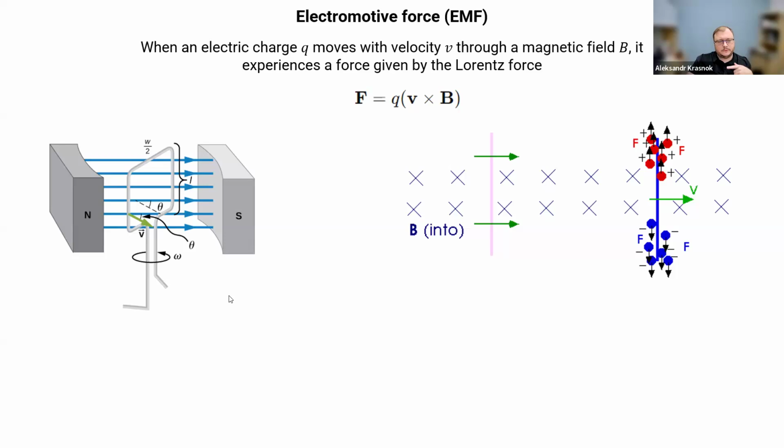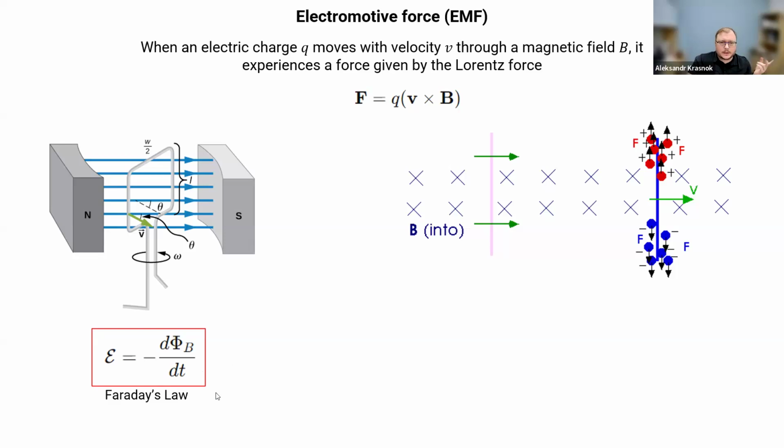And as this loop rotates, it creates this electromotive force, which is essentially the splitting of positive and negative charges, which is the voltage, right? This is why we measure electromotive force in voltage.